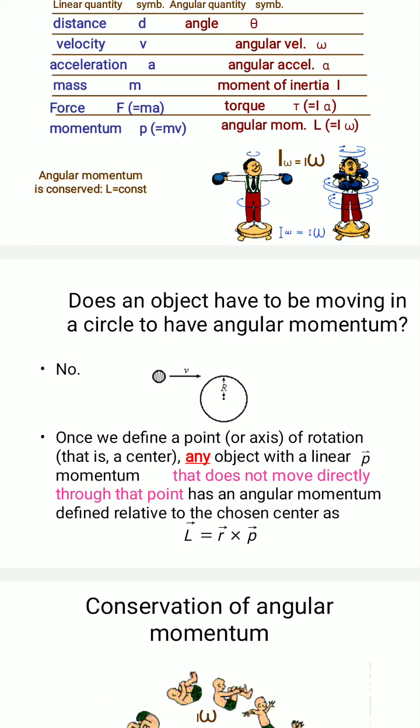Once we define a point or axis of rotation, that is a center, we are rotating with respect to a center. Any object with a linear momentum p that does not move directly through that point has an angular momentum.